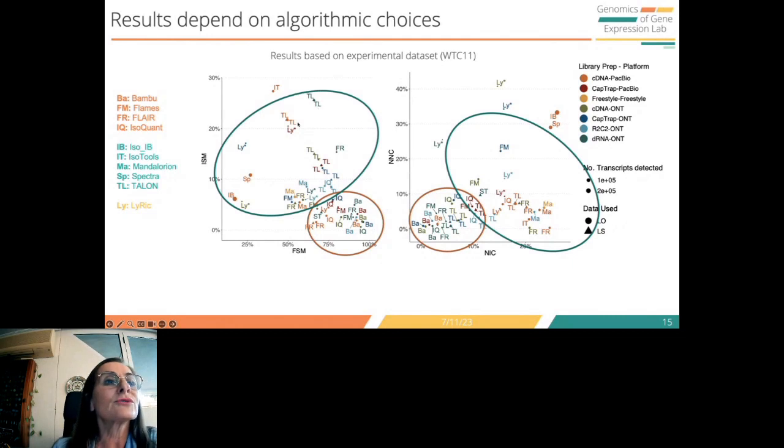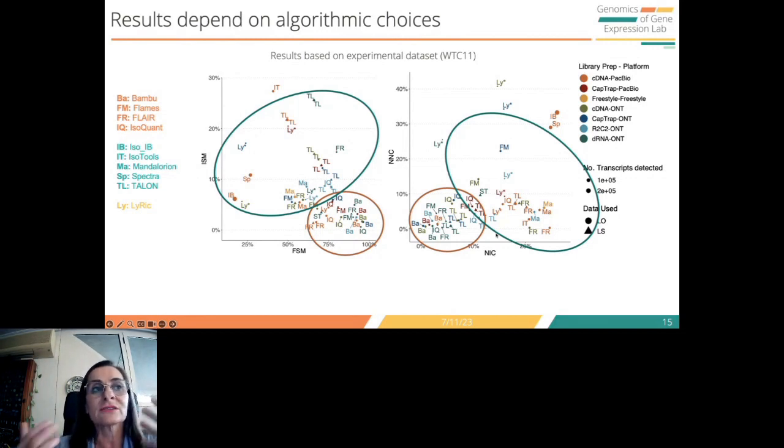Then we have some other tools, like for example Talon here, Mandalorian. You can see some of the others are giving an intermediate number, around 50-60% of full splice matches. They are able to capture more incompletes. And also here you see Talon and Mandalorian have a higher percentage of novel in catalog, so they are able to detect more novelty.